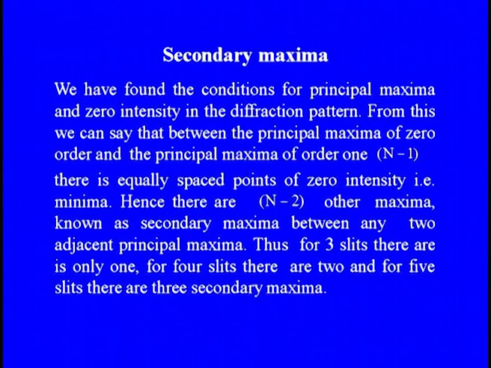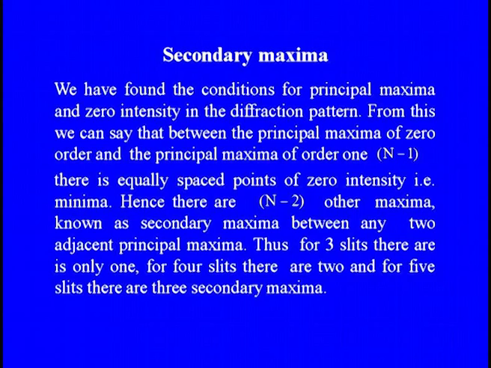Now, we have found the conditions for principal maxima and zero intensity in the diffraction pattern. From this we can say that between the principal maxima of order 0 and the principal maxima of order 1 there are N minus 1 equally spaced points of zero intensity, that is, minima.